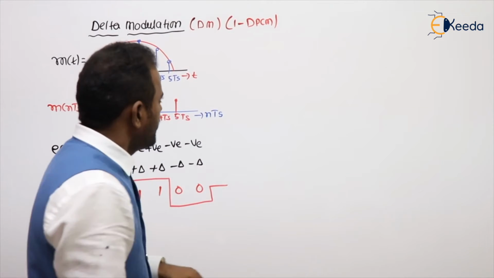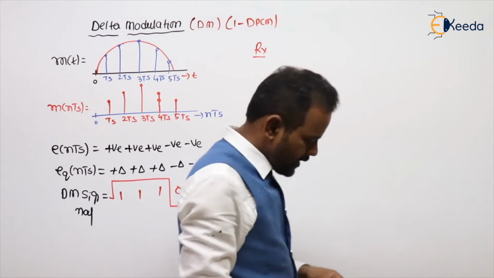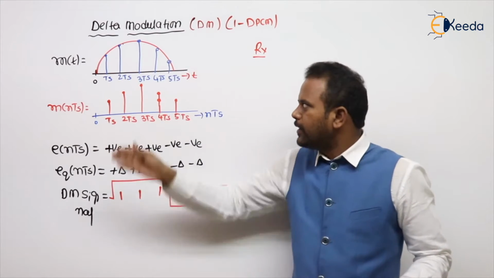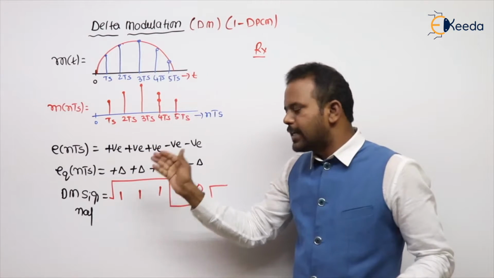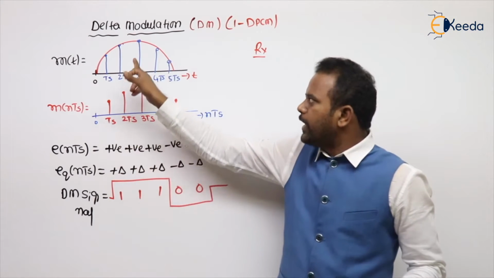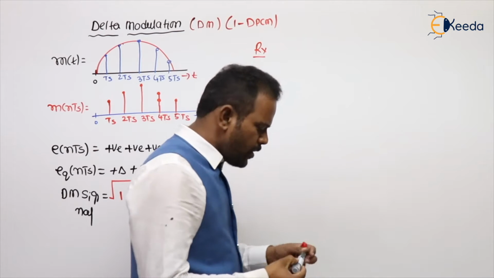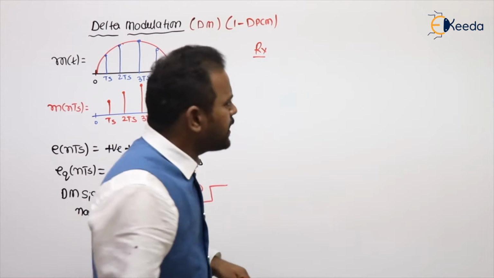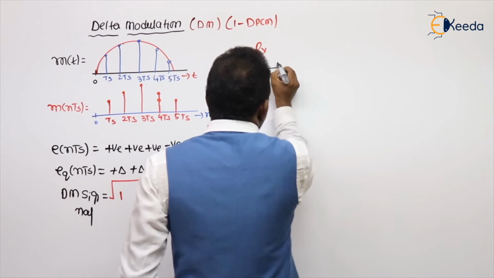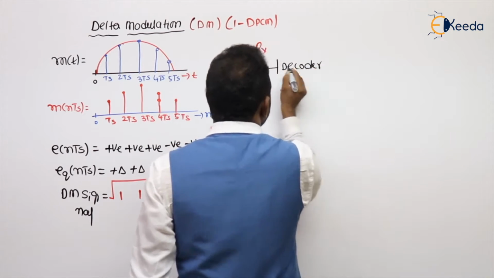Now see the delta modulator receiver block. Just now we saw the transmitter block, and for this message I generated the DM signal. Now by taking this DM signal, we need to reconstruct this m of t at the receiver end. What is the last block in the transmitter? The encoder. So here, the first block is the decoder.